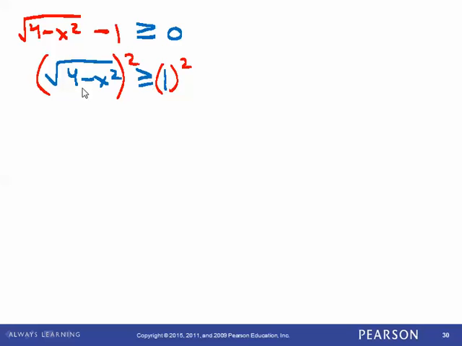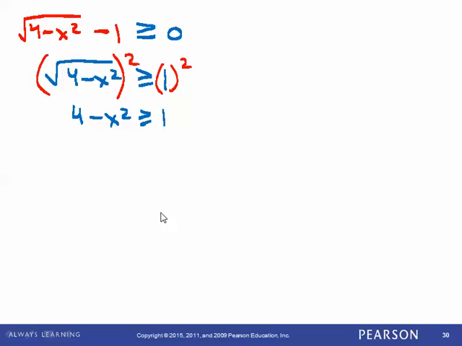Second, I already have a domain restriction right here. If I don't have a domain restriction here, I wouldn't be able to do it. I already figured out when 4 minus x squared is greater than or equal to 0. So we'll talk about it in the next problem as well. Okay, if I square both sides, it gives me 4 minus x squared greater than or equal to 1.